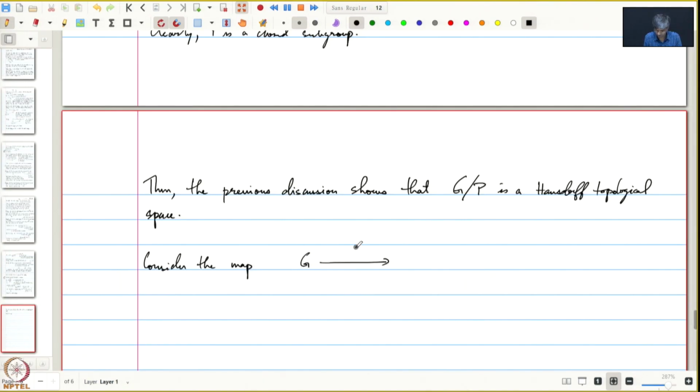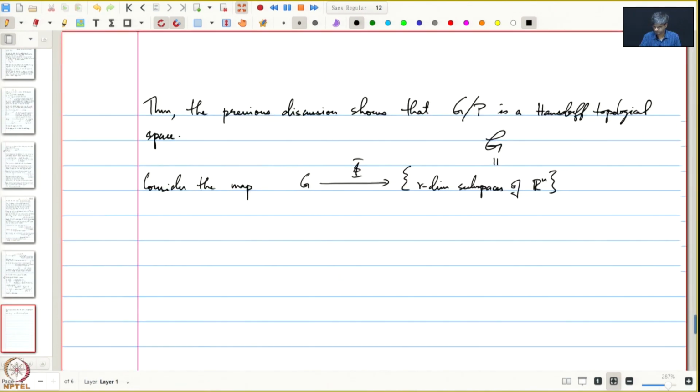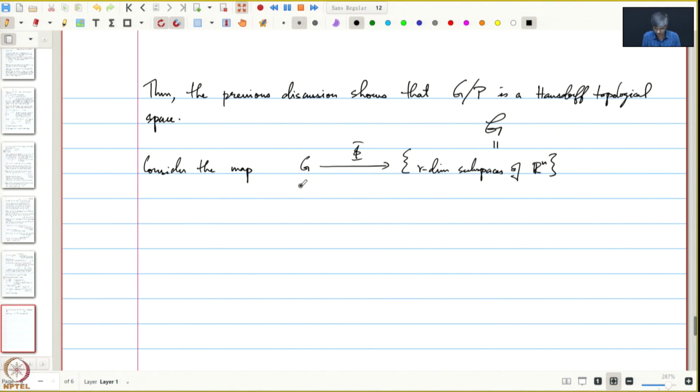phi from G to r-dimensional subspaces of R^n. Let's call this set script G. What is the map?